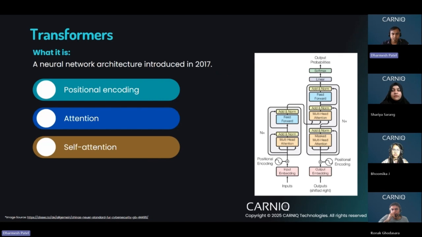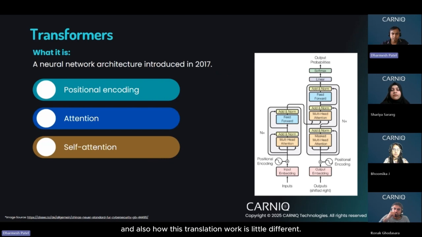So that's where the next advancement in research came in: the transformer. The transformer mitigates those problems. One is that it processes in parallel, so it speeds things up.